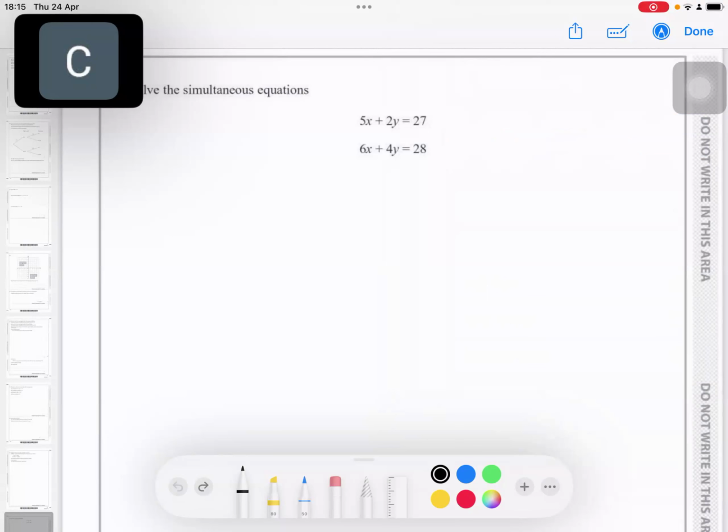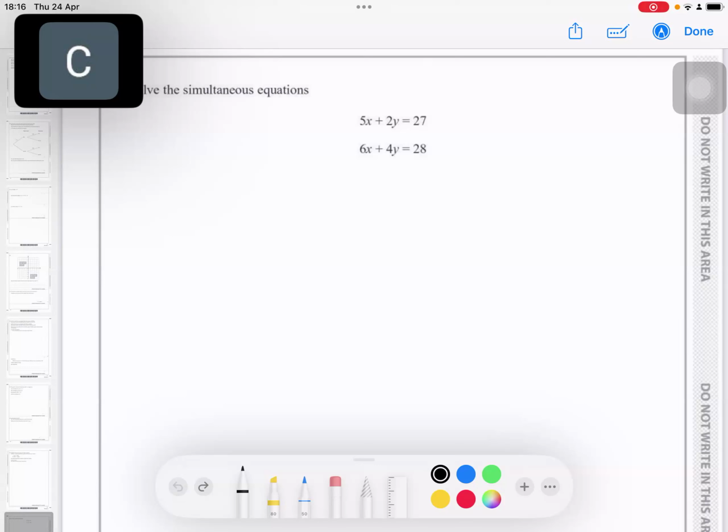Similarly, the same values, if you multiply x by 6 and y by 4, give you 28. The same pair of values for x and y solves both equations. That's the whole idea of saying that they're simultaneous.